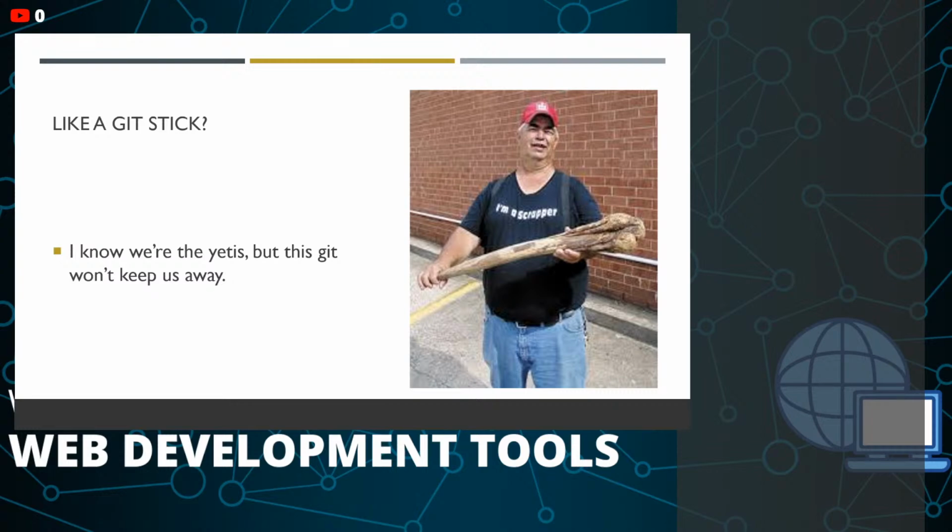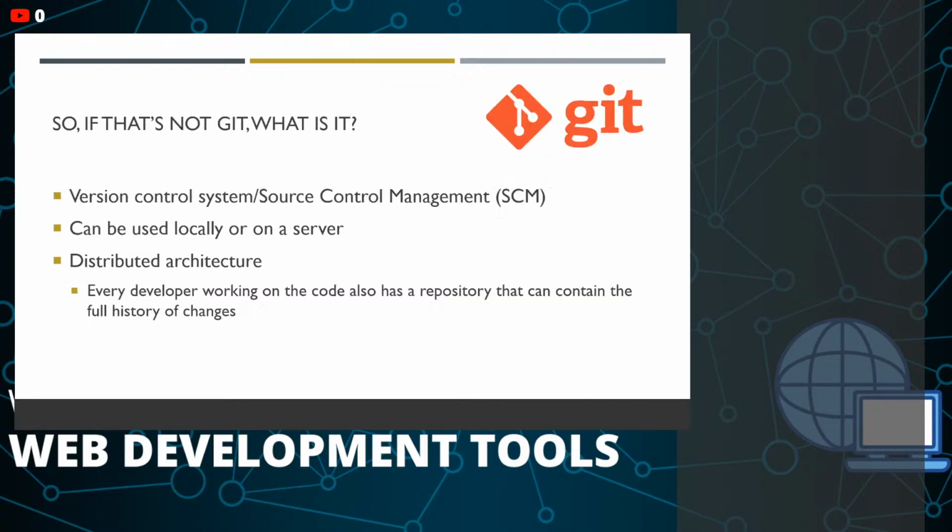But we are talking about a version management tool, a version control system, which we can also call source control management, since it's programming, right? We're working with source code.